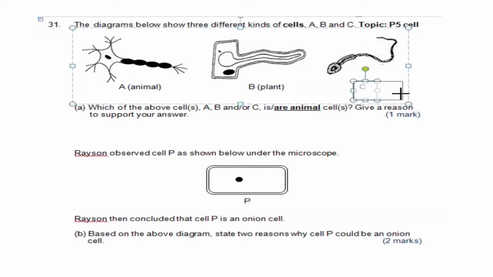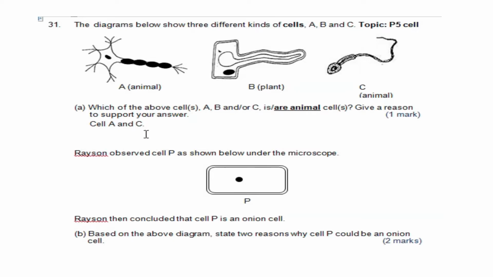C, even though this cell looks a little weird, if you can see, there's only one membrane, and that one membrane would be the cell membrane, and this would mean that there's no cell wall. This is an animal cell. Now, with all of that said, they ask you which one of these above cells are animal cells. So you just have to answer cell A and C.